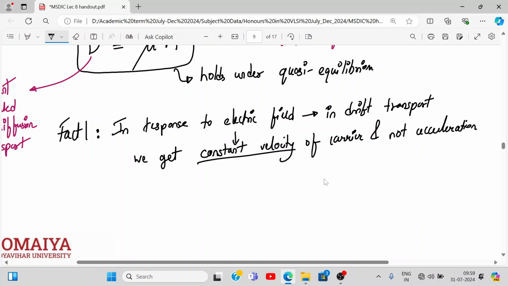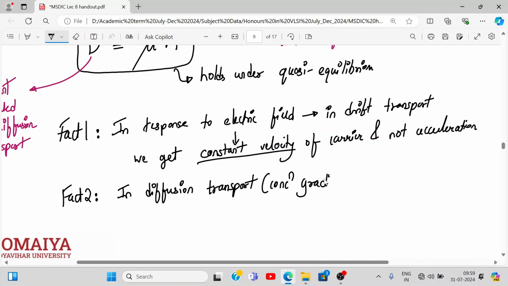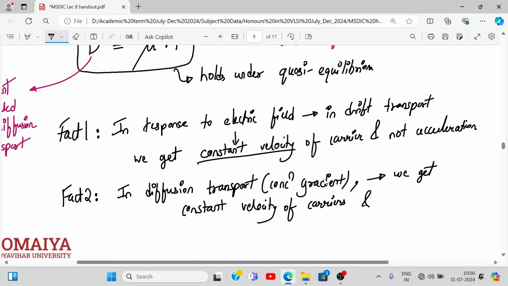Underline the words constant velocity. Fact number two: in diffusion transport, that is, concentration gradient, again we get constant velocity of carriers and again not acceleration.